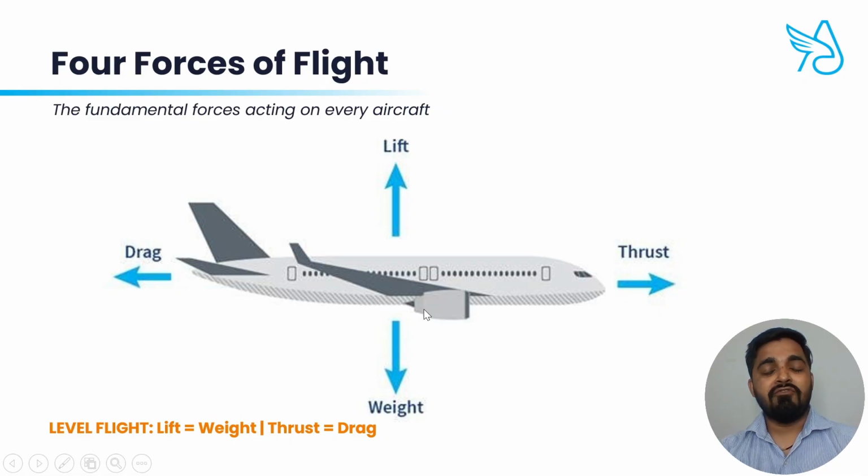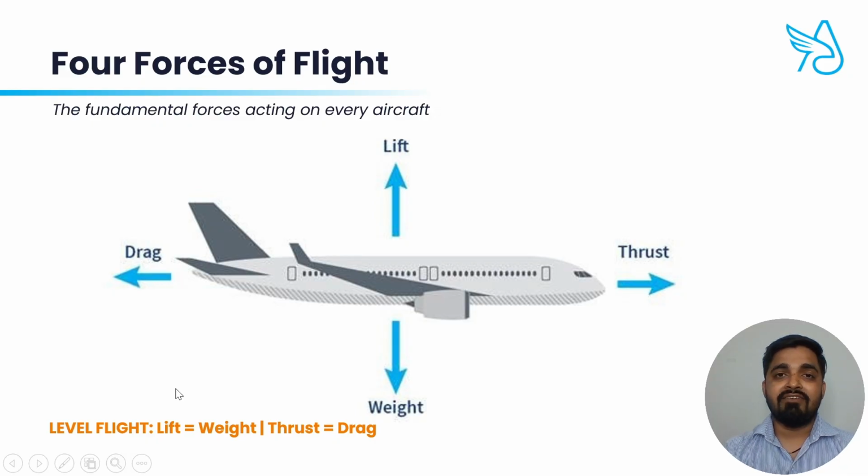Weight is the force that acts downward, the pull of gravity on the aircraft. It always tries to bring it down. Thrust is the aerodynamic force that acts forward, generated by the engines or propellers, which pushes the aircraft. And the fourth aerodynamic force is drag, which acts backward, created by the resistance of air on the aircraft, and always tries to slow it down.